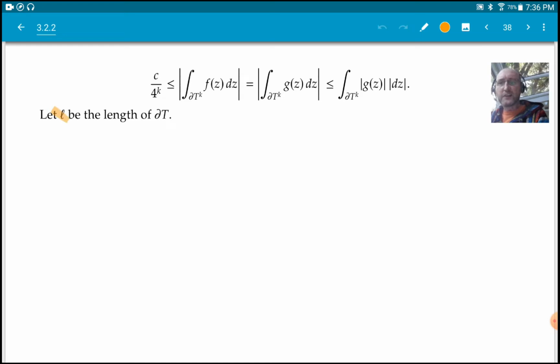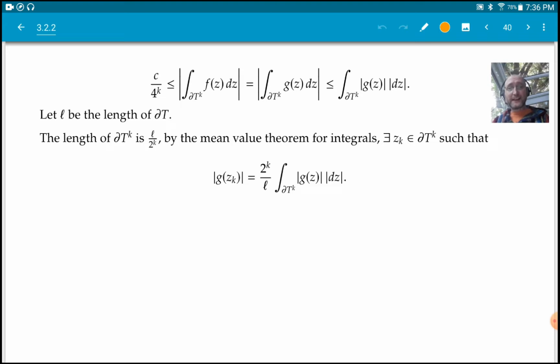Now let L be the length of the original triangle, the big one, T. The length of the kth triangle, because all the sides are always cut in half, the length of the boundary of this triangle is L over 2^k. And it's important that this is 2^k and this is 4^k, as we'll see momentarily.